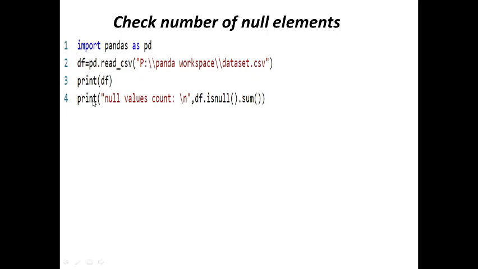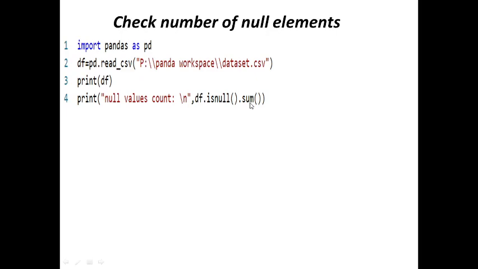and then we are printing df.isNull.sum. We are using function isNull and then sum function. IsNull function checks each element for null.